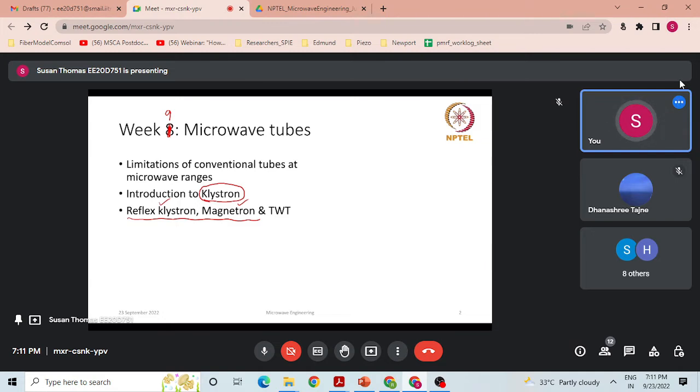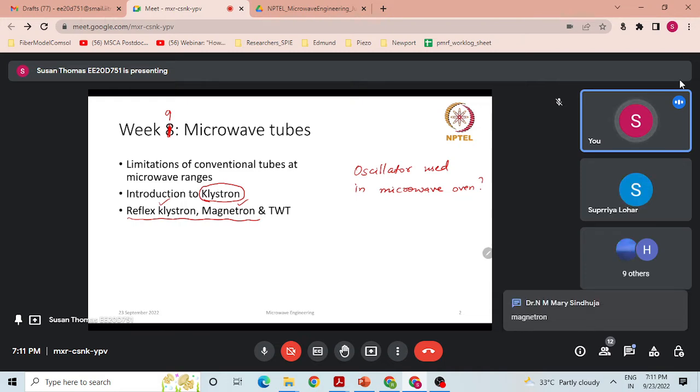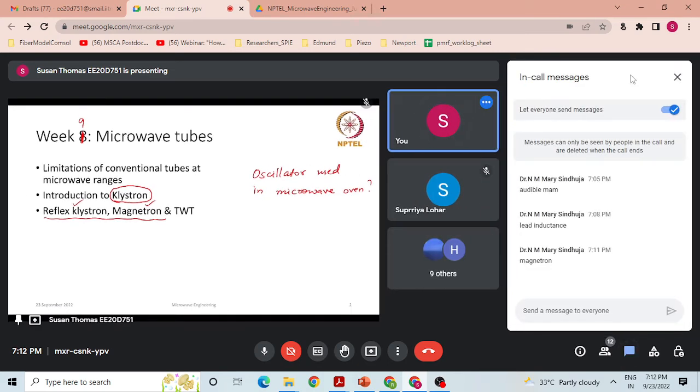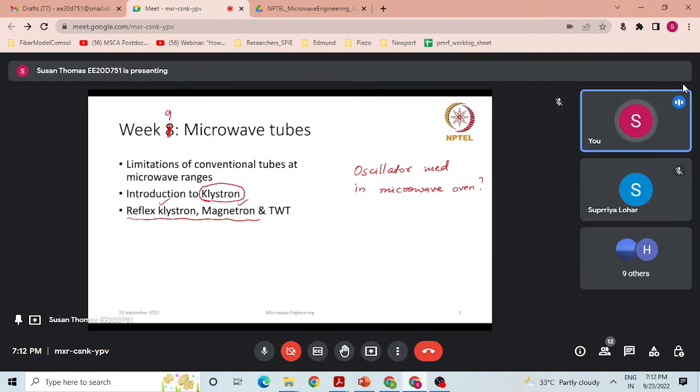Just one question: do you know what kind of oscillator or microwave generator is used in a microwave oven? You can type in the chat what you think. Yes, that's a magnetron oscillator. Do you know what frequency is generated?